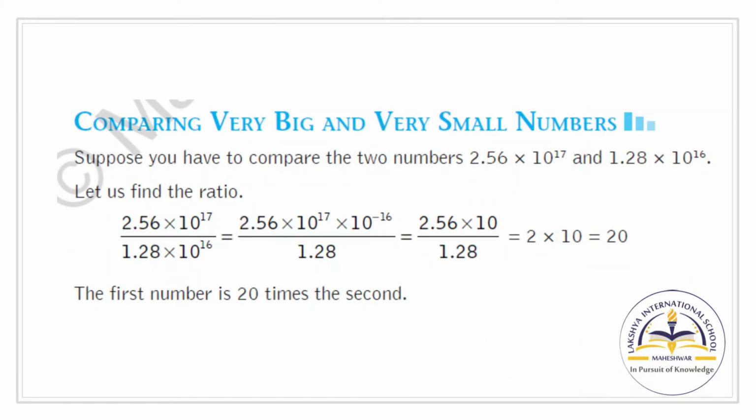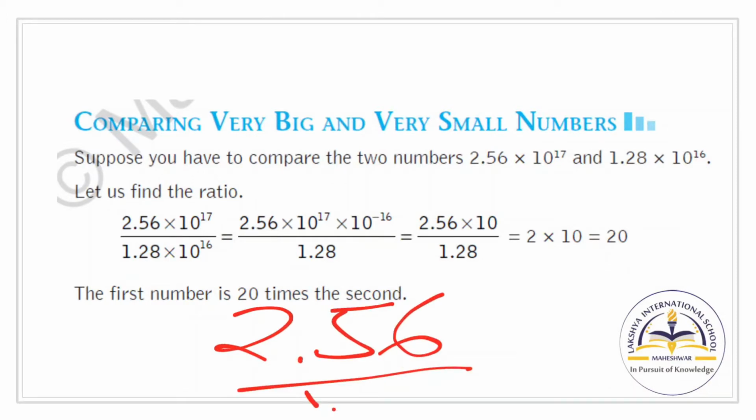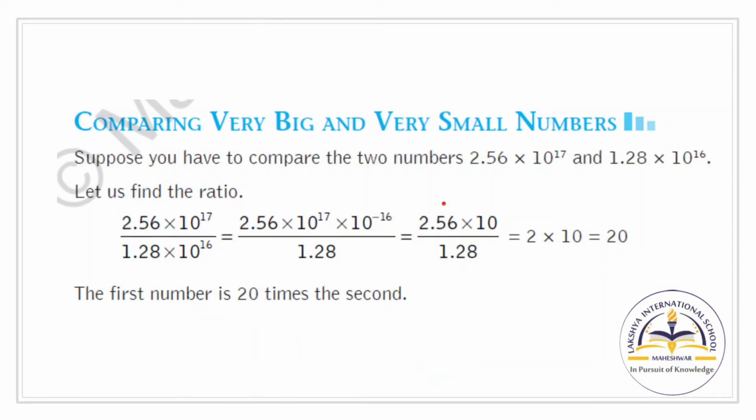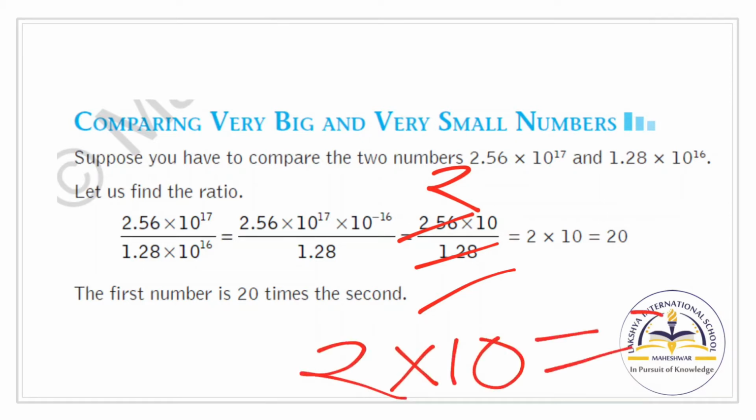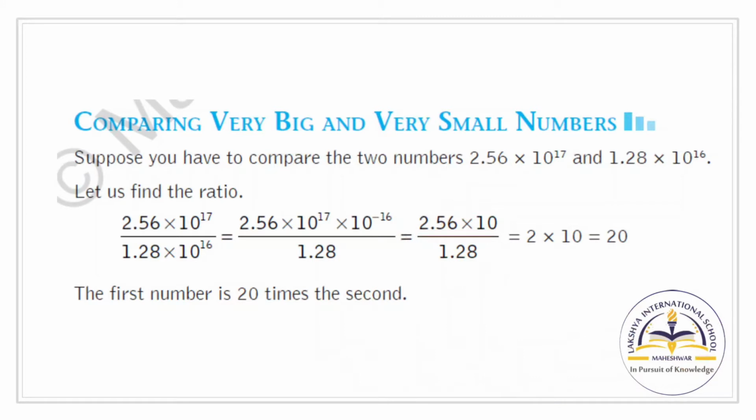Now 2.56 divided by 1.28, here it is written into 10. Now 1.28 will be cut by 2, so 2 into 10, that is 20. This will be your answer. So like this you can solve.